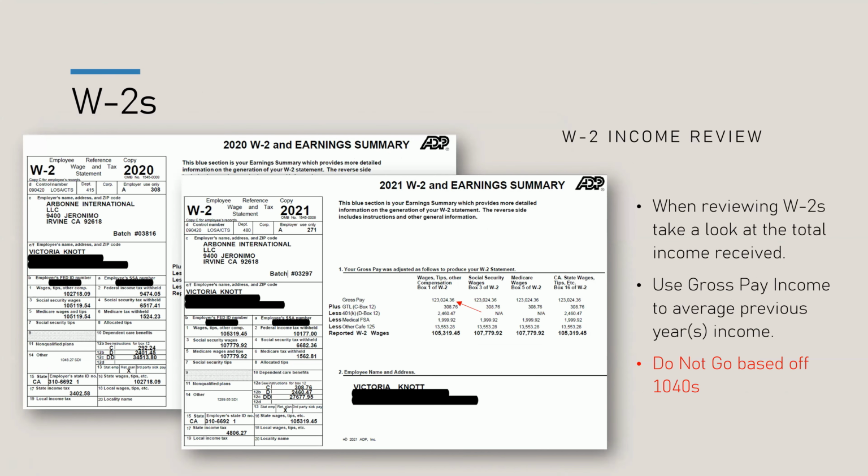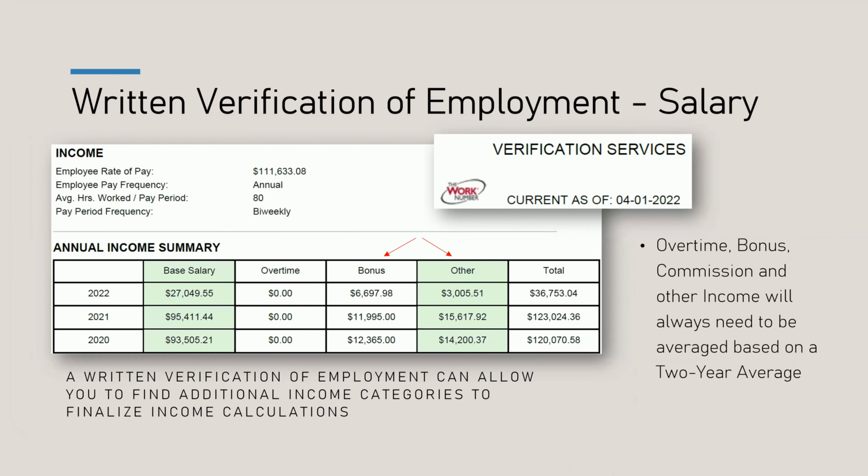Now, taking a look at your W-2s, you want to make sure the W-2s are matching your verification of employment. If you notice here, it is a little bit off. It does have 123 total, and we had that here.